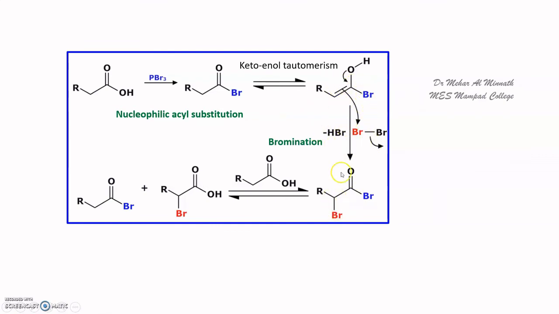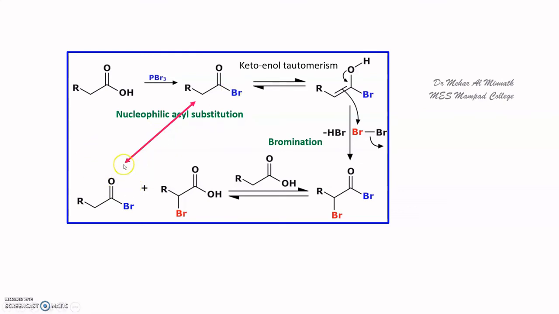This bromination follows the SE1 mechanism. Then another molecule of carboxylic acid will donate a proton over here, and you get alpha brominated carboxylic acid.